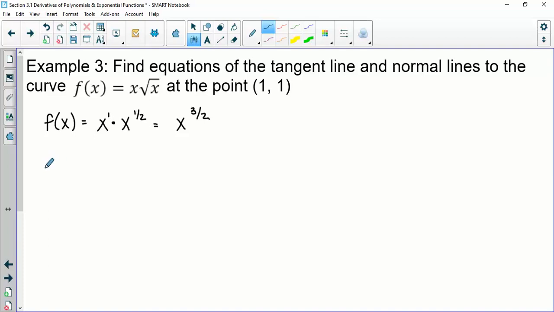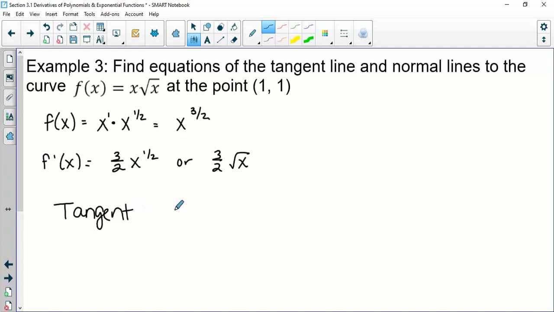So my derivative: the exponent comes down, keep your x, subtract 1 from the power, so 3/2 minus 1 is 1/2. Or if you preferred, you could write this as 3/2 times the square root of x. So now we have to write the equation of the tangent line.